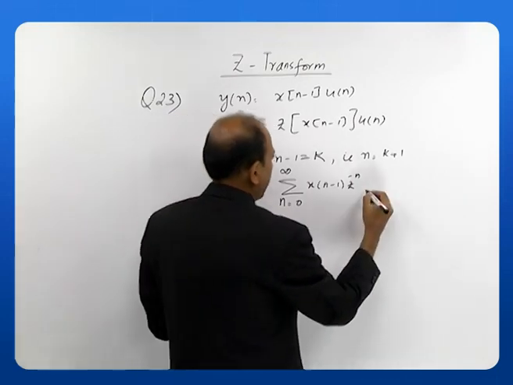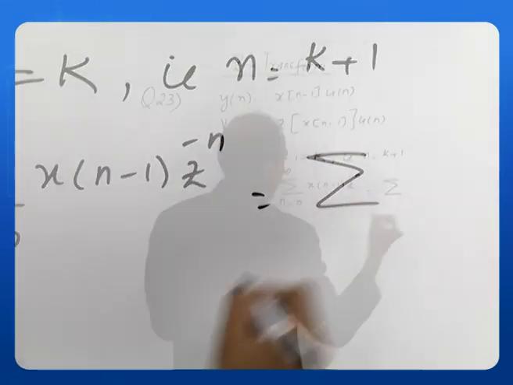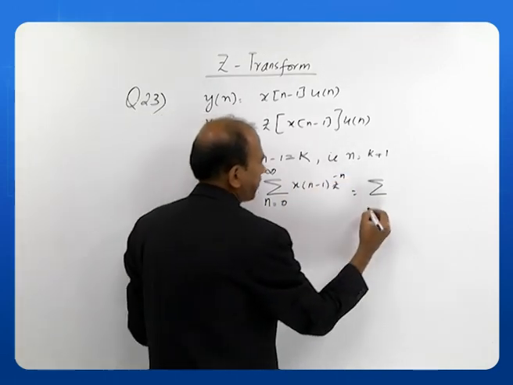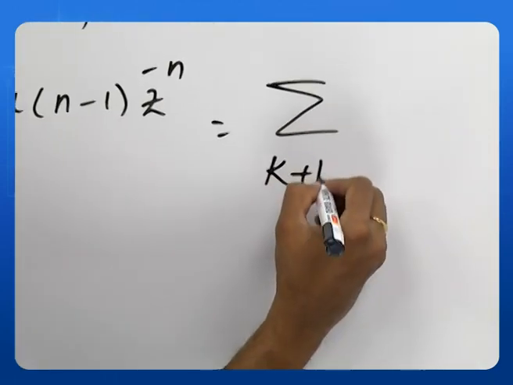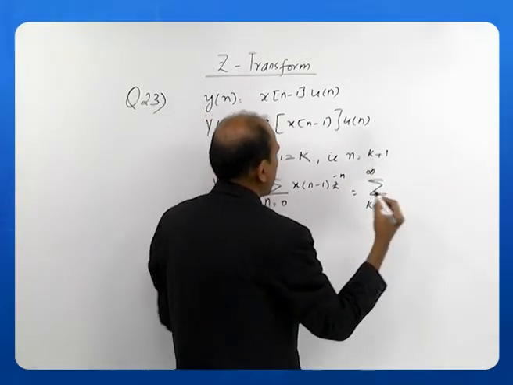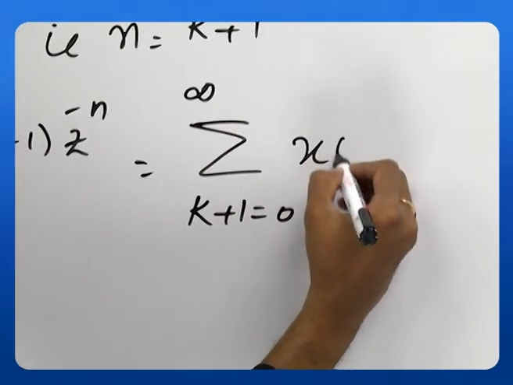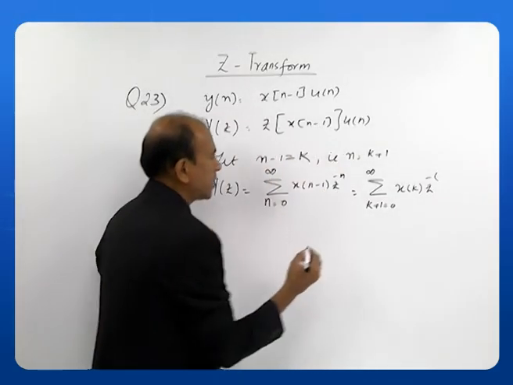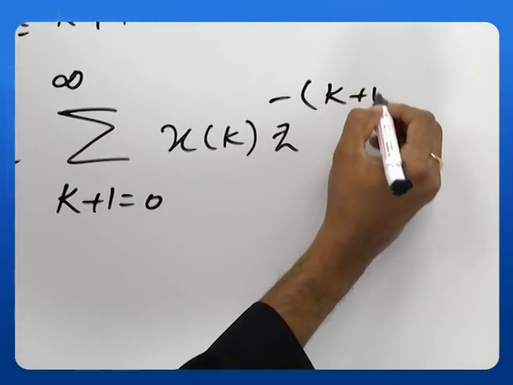Now I will write this by replacing n with k. What is n here? k plus 1. So the summation runs for k plus 1 equal to 0 to infinity. What is n minus 1? It is nothing but k, and z to the power of minus n, which is k plus 1.